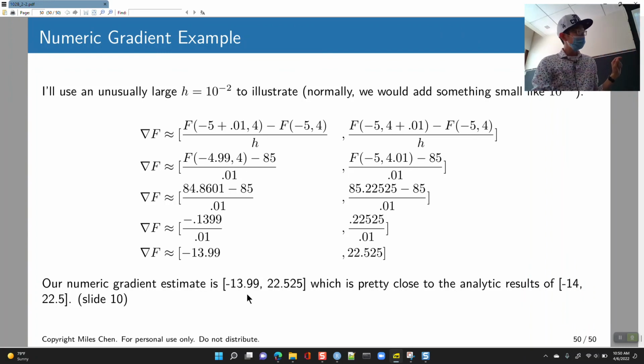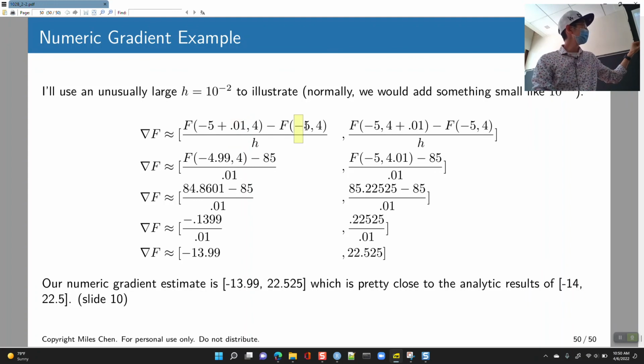First, I'm going to add just a small value. Here I'm adding 0.01, which is unusually large. Usually it's something like 10 to the -5 or 10 to the -6. But here we add 0.01 so we can illustrate this. I'm going to add 0.01 to the first component.